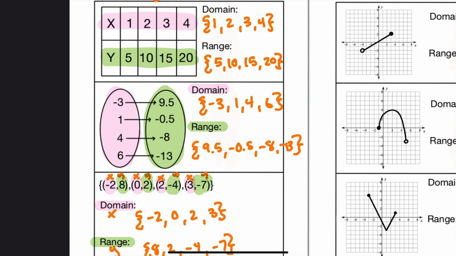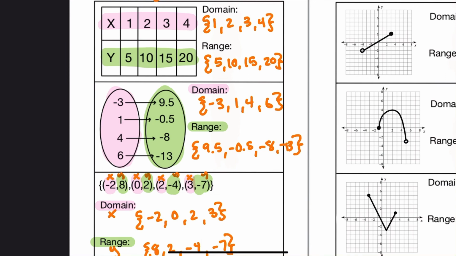So these are all discrete functions because we can count the numbers that are in our function. We can find their domain by looking at the x values or their inputs. We can find the range by looking at their y values or their outputs. All right? That's the idea. You're making a list of those numbers and then you're done.